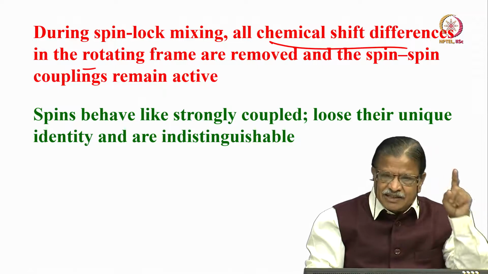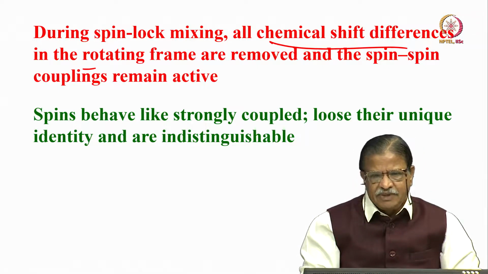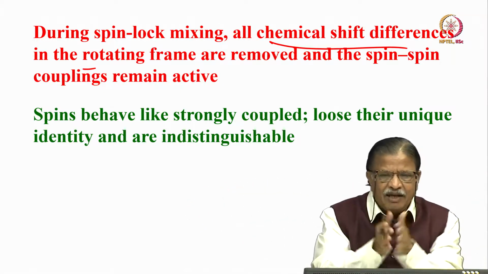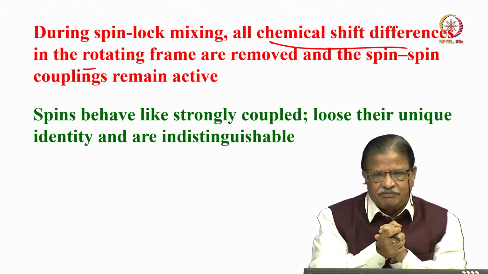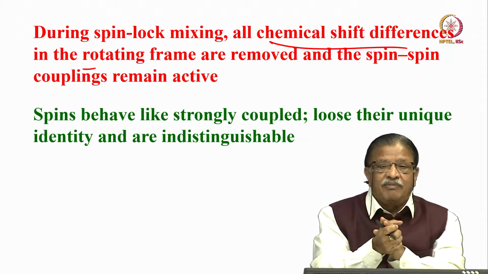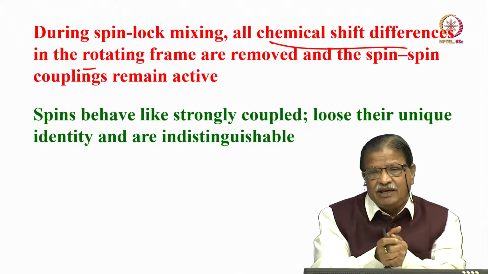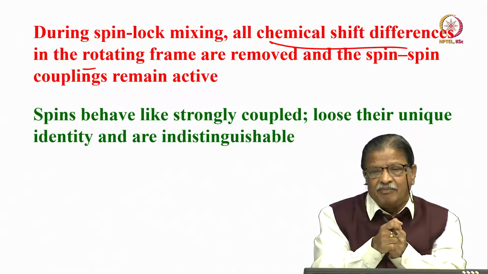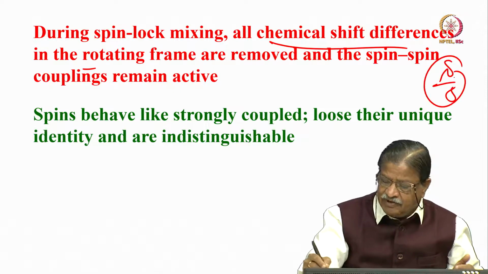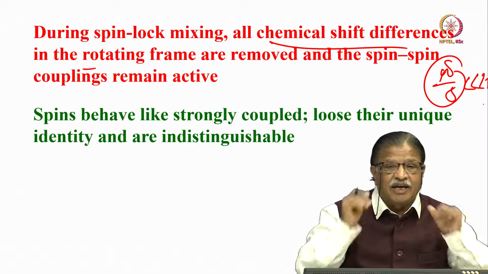We discussed weak coupling and strong coupling when we discussed the spin nomenclature. When the chemical shift separation is quite large compared to the coupling, we call them a weakly coupled spin system. Whereas when the couplings are comparable to chemical shifts, or chemical shifts are almost 0, much smaller, then delta by J, if delta is very small, much smaller than 1, then the spin systems are strongly coupled.